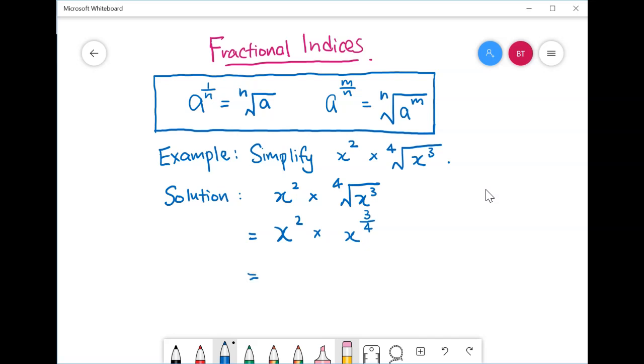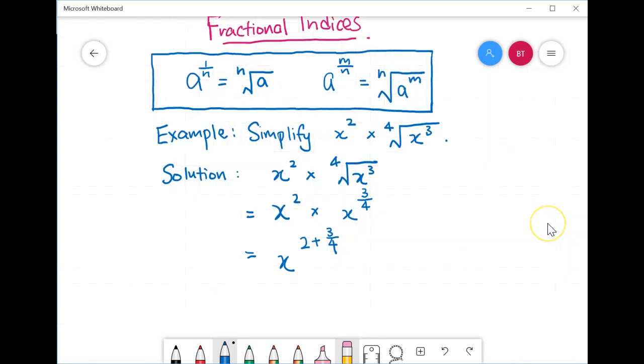So now I have successfully converted the 4th root of x cubed into x to the power of 3 over 4, and we can now apply law 1 where both bases are the same and separated by multiplication. I will add the two powers and I have 2 plus 3 over 4, and this becomes x to the power of 2 and 3/4, which is just the same as 11 over 4.